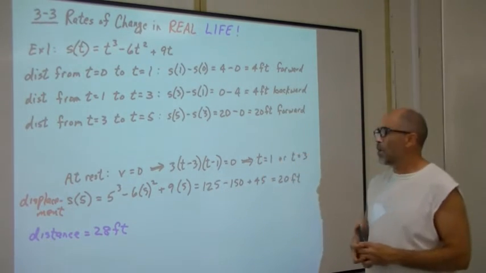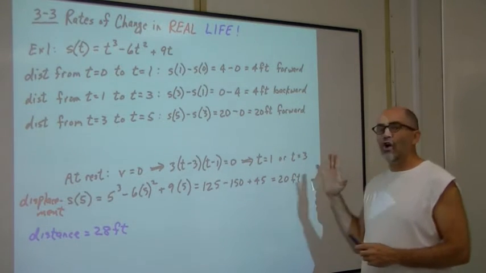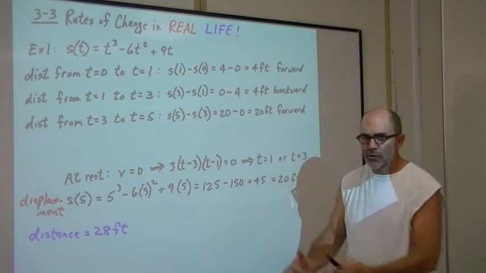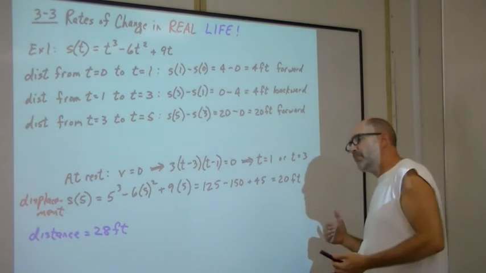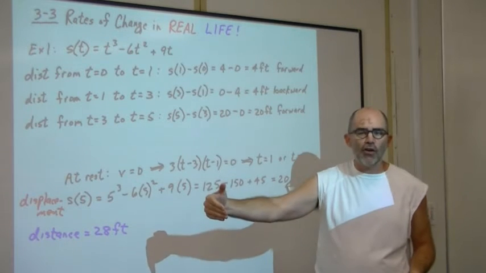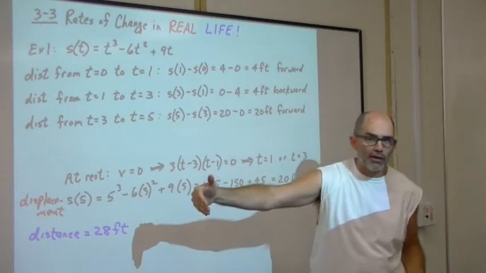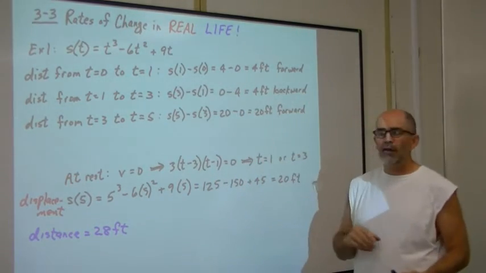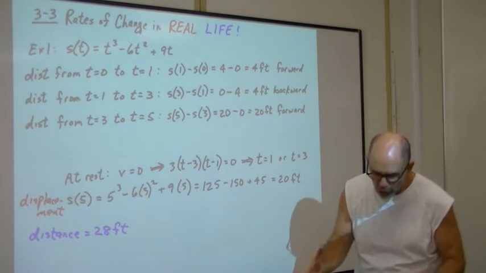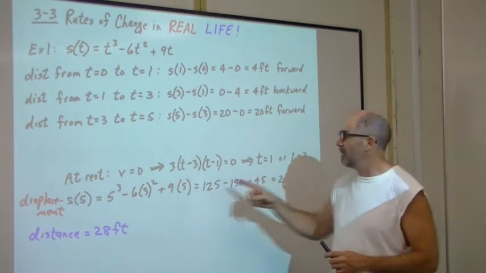So let's say I'm a football player and I run 20 yards forward and I get tackled. Or another football player runs 10 yards back, then 15 yards forward, then another 10 yards back, and then 5 yards forward. Well, he still only covered the 20 yards. So his displacement is the same.